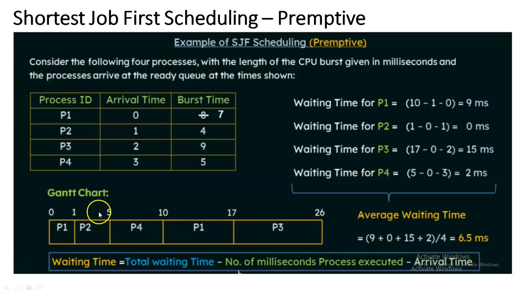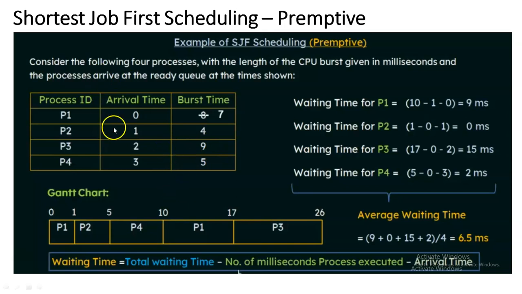Before unit time 5, two processes arrived, that is P3 and P4. Now after 5, no new process is upcoming. Now you are going to compare P3 and P4, whichever one is the shortest, you are going to assign that.